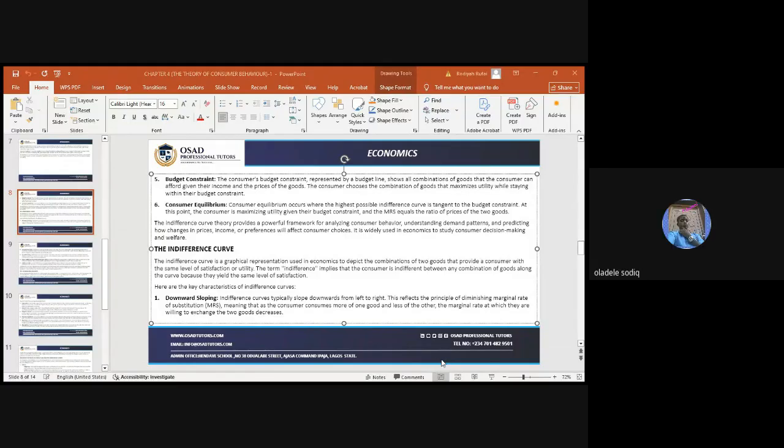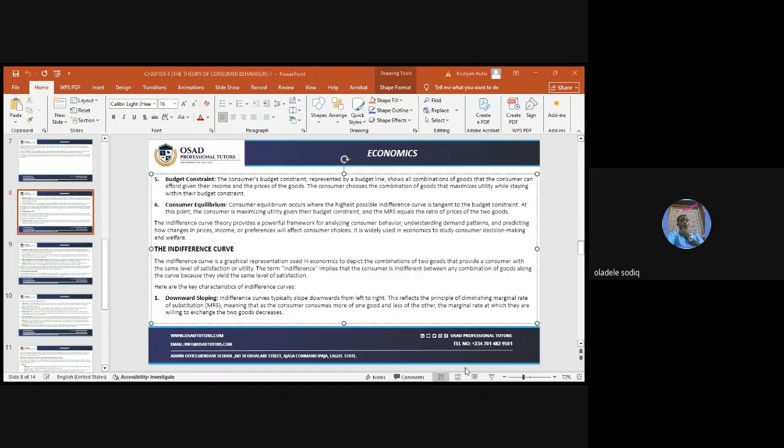Okay, Clifford, what's the other name for marginal rate of substitution? Okay, let me just help you out. I said another name for marginal rate of substitution is the slope along the what? The indifference curve. Please take note of that. The slope along the indifference curve is referred to as marginal rate of substitution.